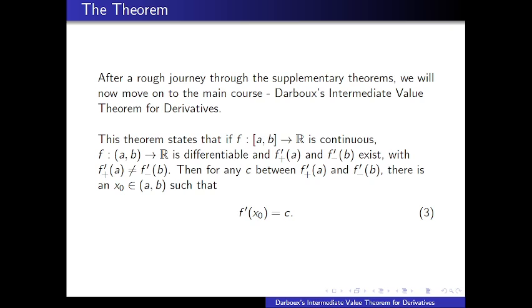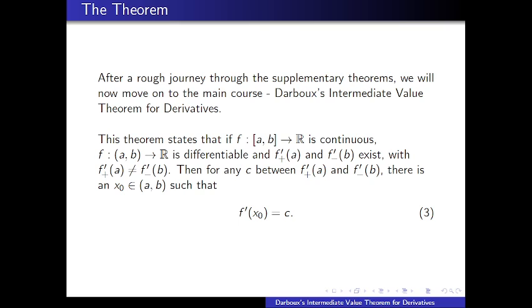Done? Okay, so basically, the theorem asks us to check two things first. One, this function f is continuous on [a, b], and it is differentiable as well on (a, b). Two, f'+(a) and f'-(b) exist but are not equal to each other. Still following?